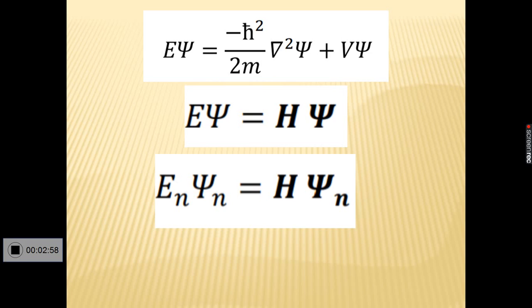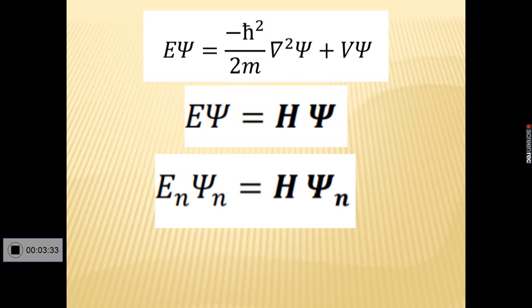For example, we know that the first orbital, the 1s orbital of the hydrogen atom, has a particular wave function. When the Hamiltonian operator operates on that wave function, we get the energy of the first orbit, E1. When it operates on the wave function of the 2s orbital, we get the energy of the second orbit, E2.